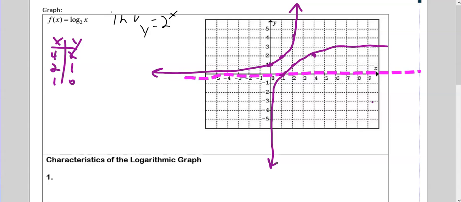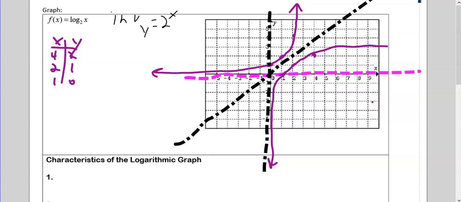And now I have a vertical force field at 0, but this time on the y-axis. And the cool thing about this is it is folded over y equals x. We talked about this earlier in the year. Inverse operations reflect over the line y equals x. So if I could fold it over that dotted line, my piece of paper, my graph, those two would line up on top of each other.